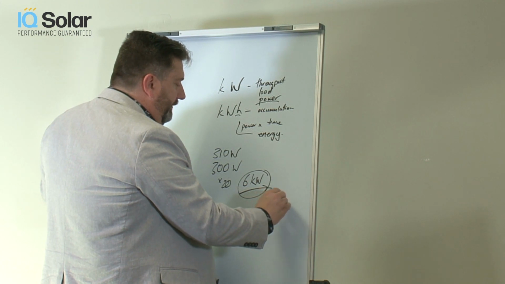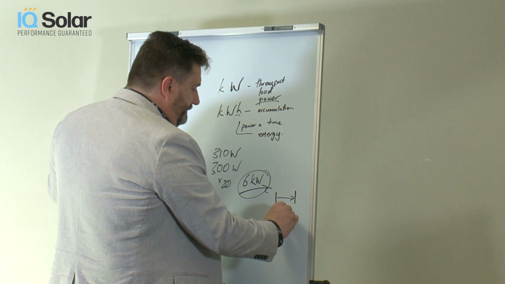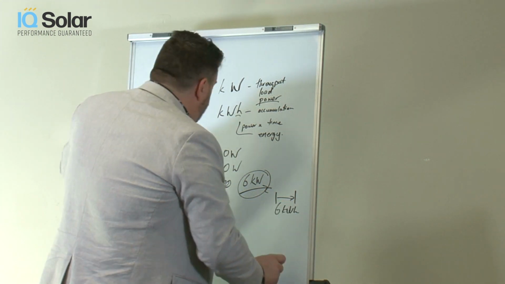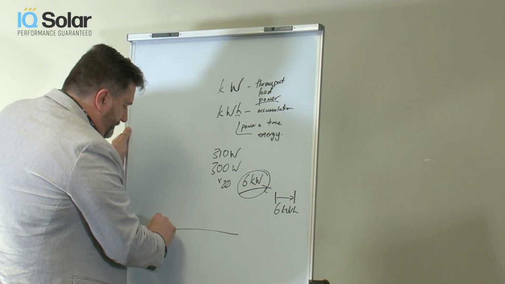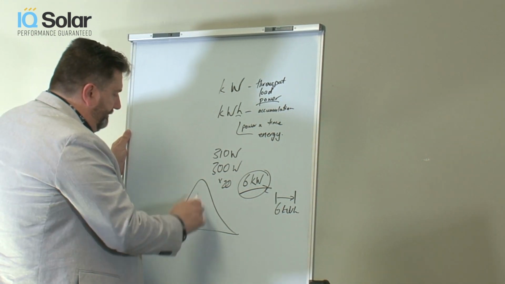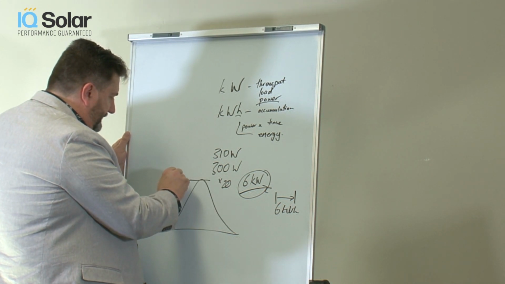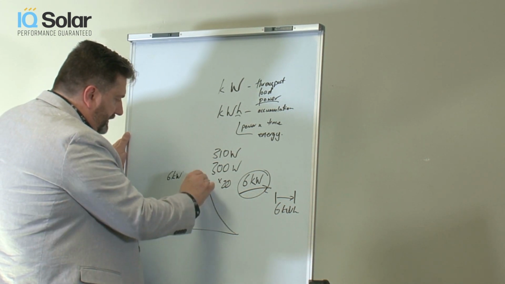During that 1 hour period, it may produce 6 kilowatt hours. But because solar actually produces power in a bell-shaped curve throughout the day, this top point could be 6 kilowatts, but in fact it's likely to be less.